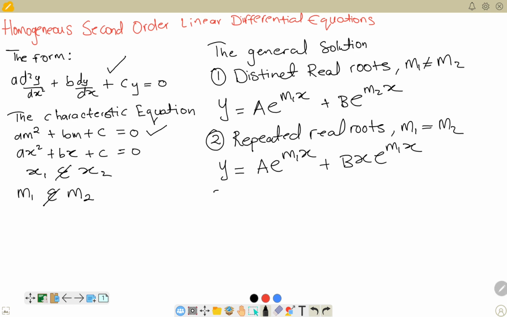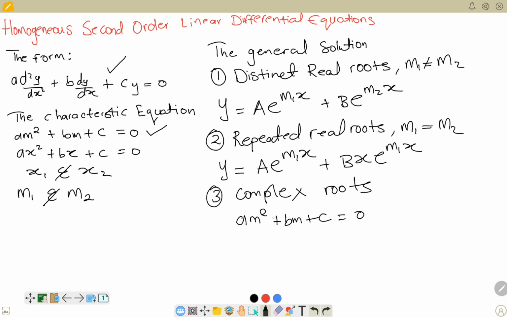So we will have again, when we solve, complex roots. So we can see that after we have found our differential equation, we'll convert it to the characteristic equation, and then it will be, in this case, am squared plus bm plus c equals 0.